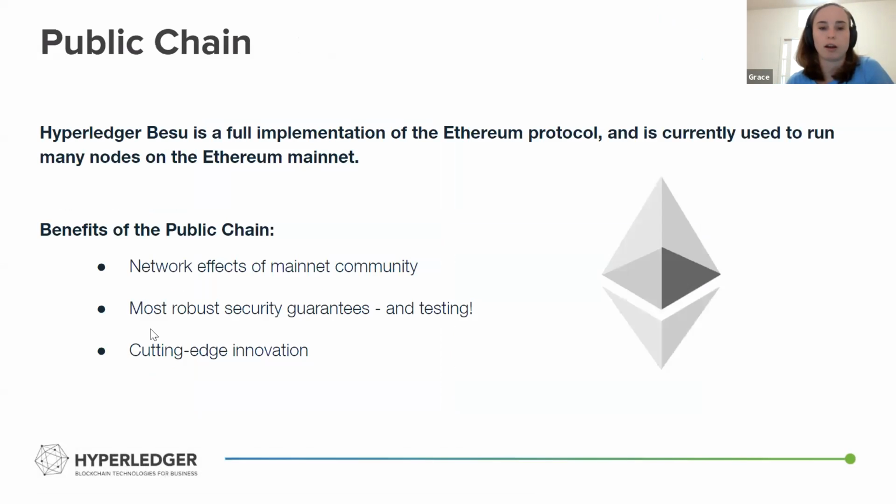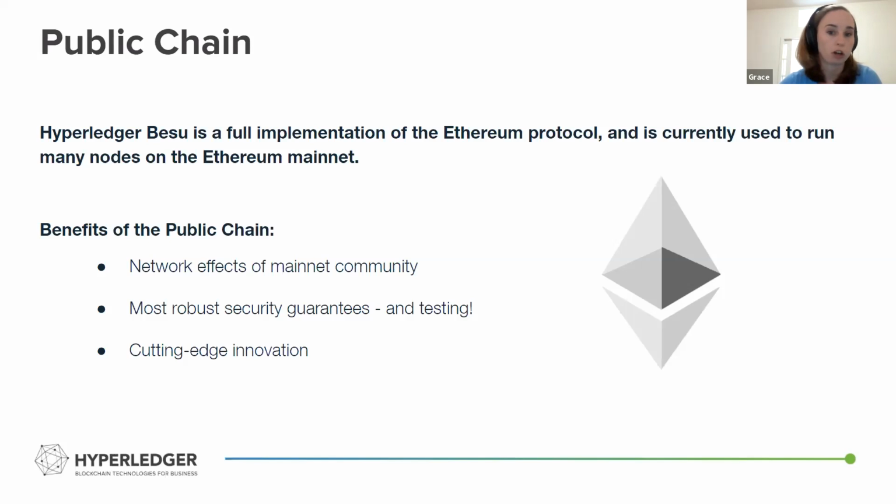So, public chain. What I don't think I've mentioned yet is Hyperledger Besu is the only public chain compatible, or mainnet compatible as we like to say, project within Hyperledger. So if you wanted to run a node or do anything on the Ethereum public chain, you can use Hyperledger Besu.